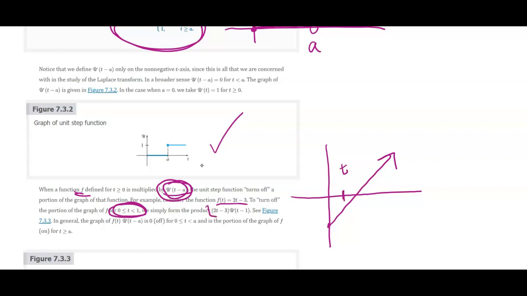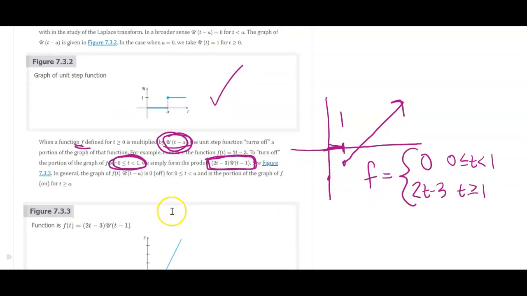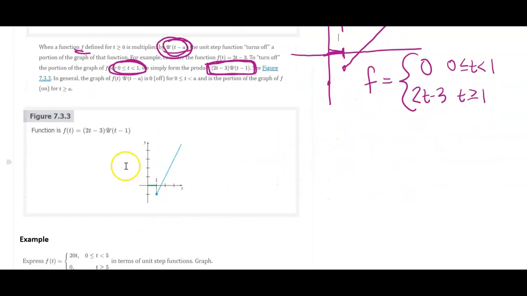Then I can say multiply f of t by this function, and that says that this is 0 for 0 less than or equal to t is less than 1, and this function for t greater than or equal to 1. And so my function is now this line here, but then 0 before that, before t equals 1, if you will. And you can see, oh, look, there's the graph right there.